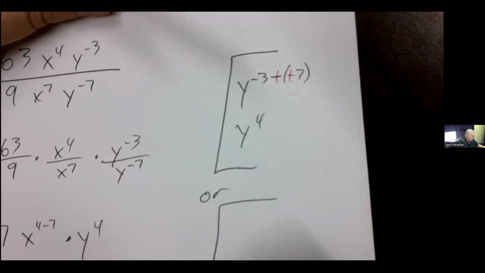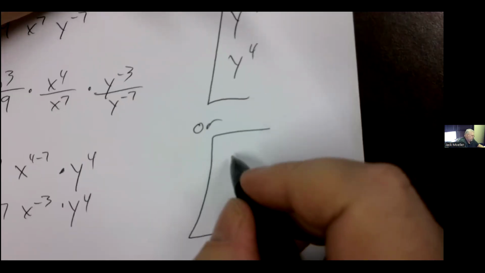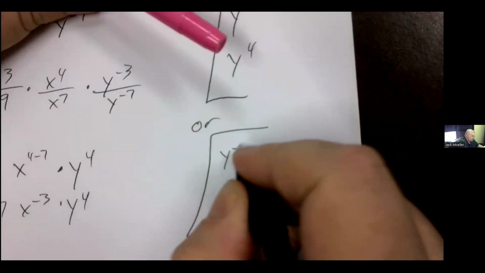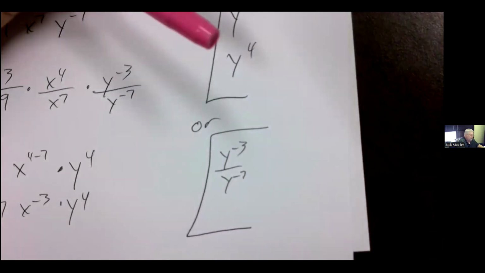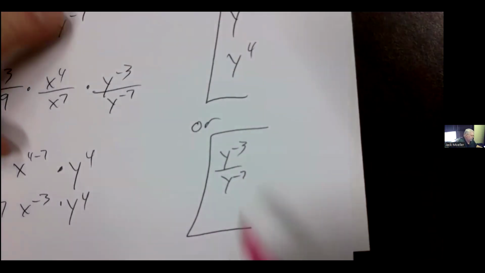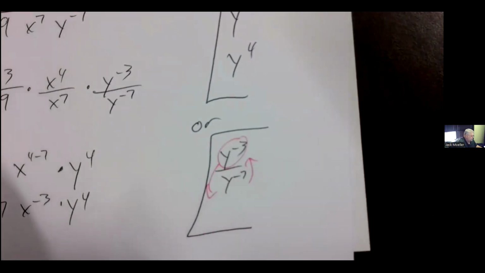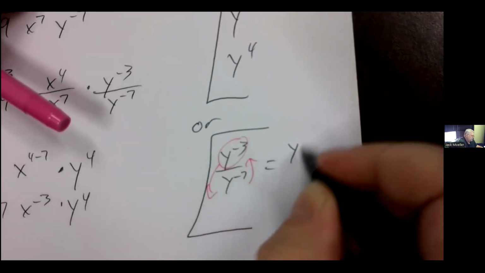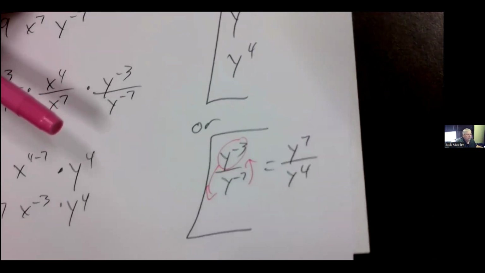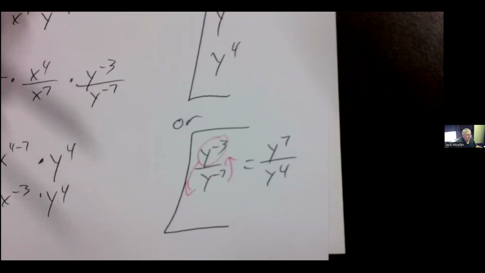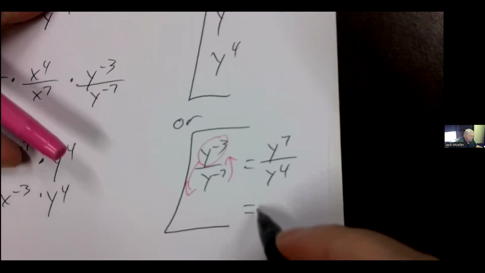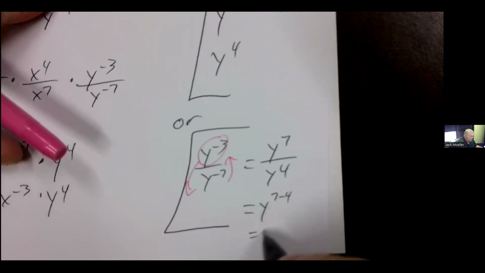The other way that you could do that is you have two terms that have negative exponents, so you could actually flip them both. Y to the negative 3 goes down, y to the negative 7 goes up. That would give us y to the seventh over y to the fourth. Then you could apply the quotient rule, not have any negatives to deal with. It'd be 7 minus 4 or y cubed.